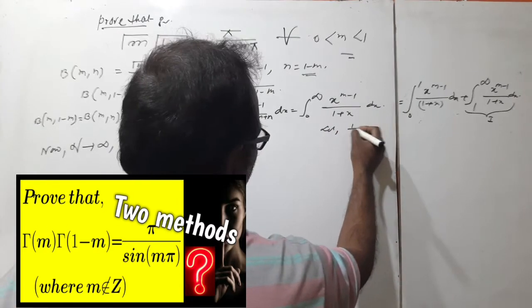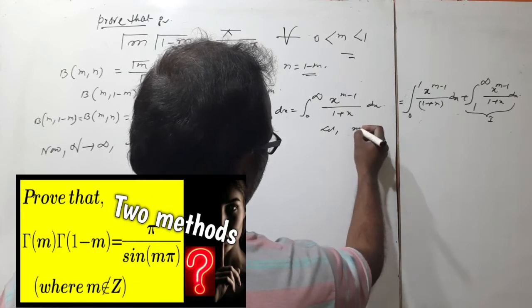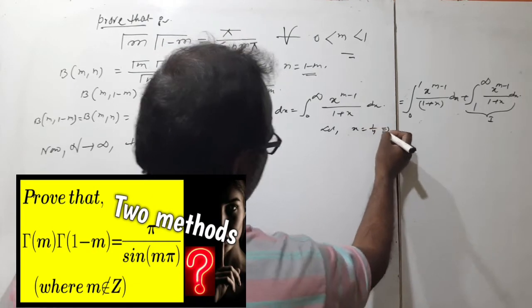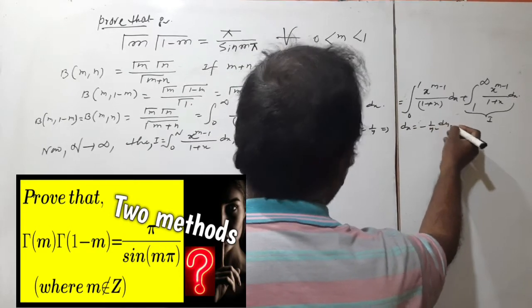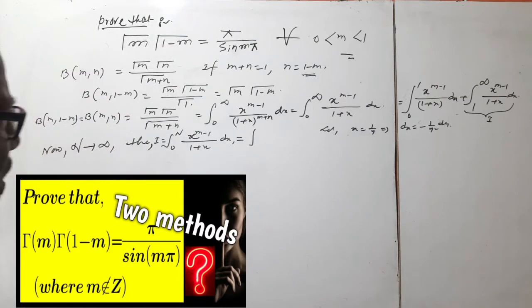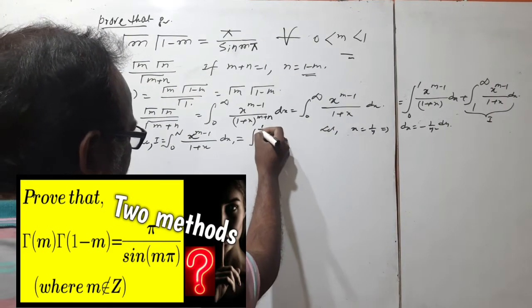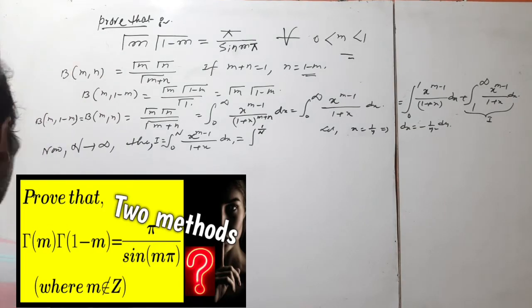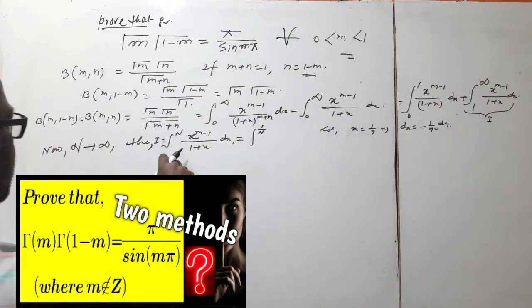Let 1 by x equal to 1 by y, so that implies minus 1 over y square dy. And if we put n here, this is 1 over n. I have written it wrongly here, this is 1 to infinity, so this is not 0, this is 1.